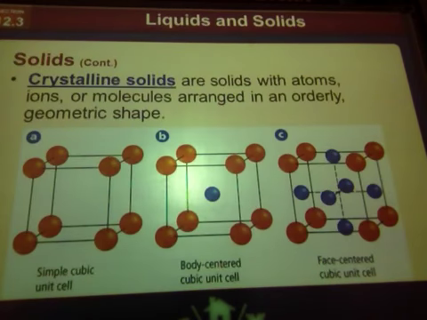Okay, we've talked about this before, that crystalline solids are just solids with atoms, ions, or molecules arranged in an orderly geometric shape. Now, to be more specific with what we had talked about last time, there are 3 different types of crystalline solids, which are shown here below.